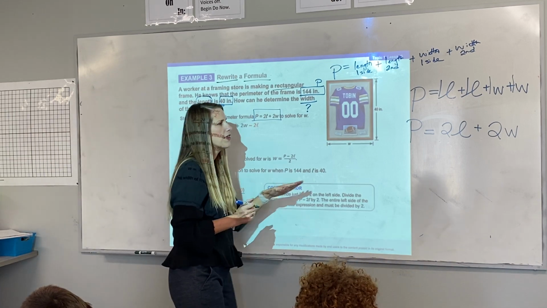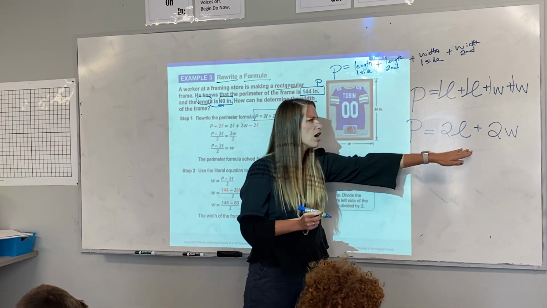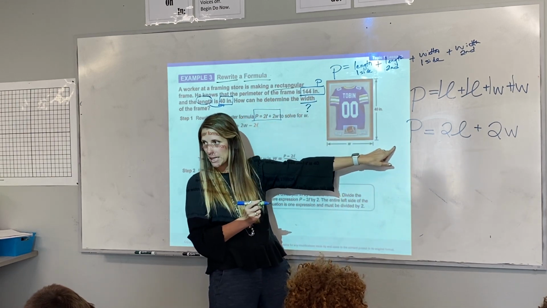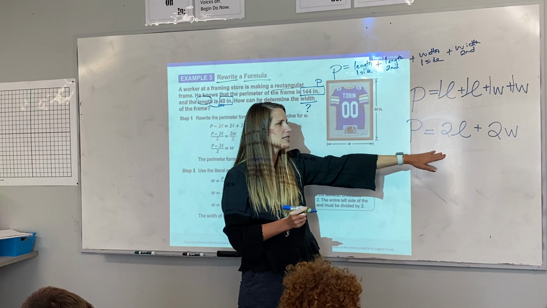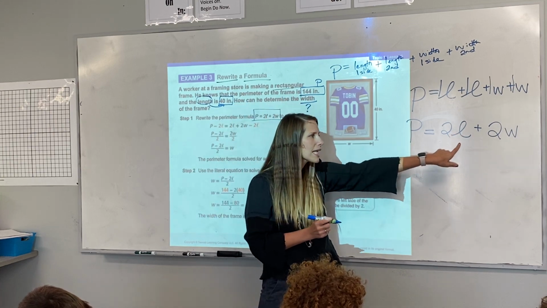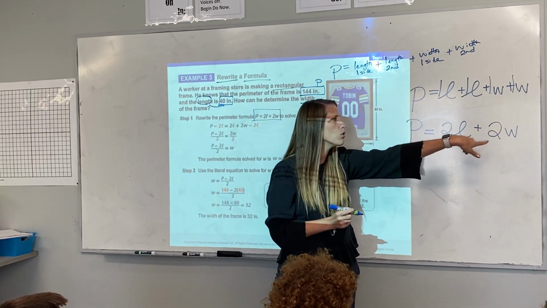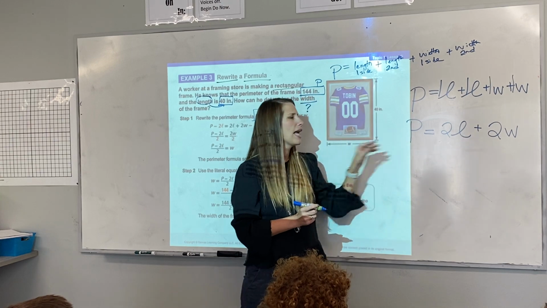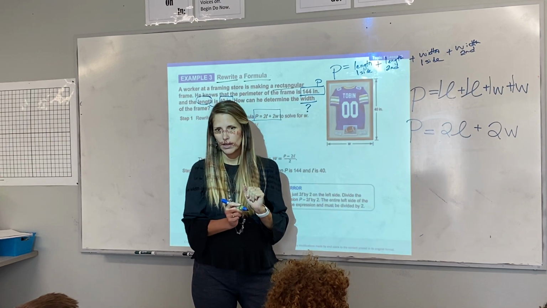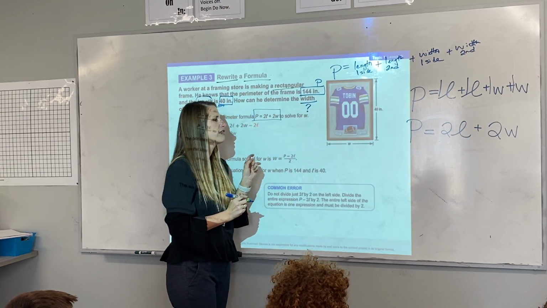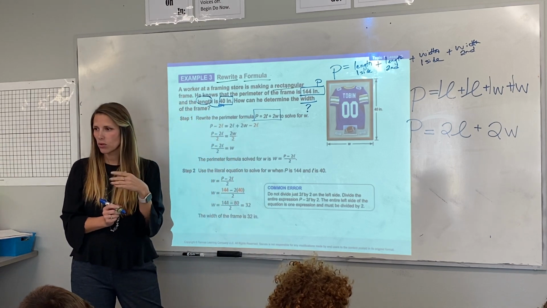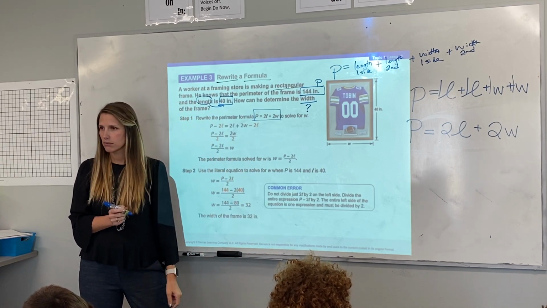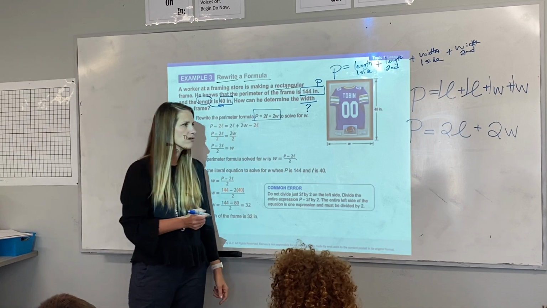So this formula is solved for P. If you know your length and you know your width, then you can multiply them times 2, add them together, and you get your perimeter, right? But we need to solve for W. So let's rewrite it so we can solve for W.